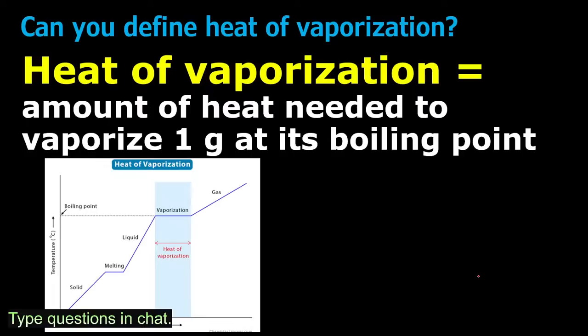And this is heat of vaporization. And you can tell by this longer line that the heat of vaporization is larger than the heat of fusion. So that means it's going to take more heat, more energy for something to vaporize than it will for it to melt.